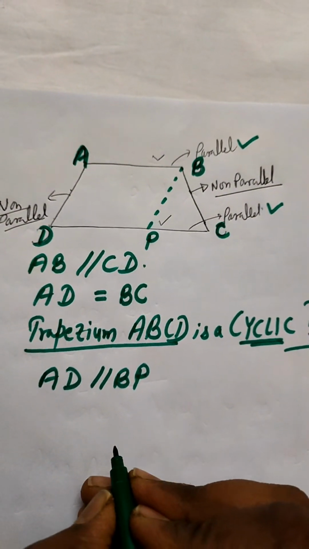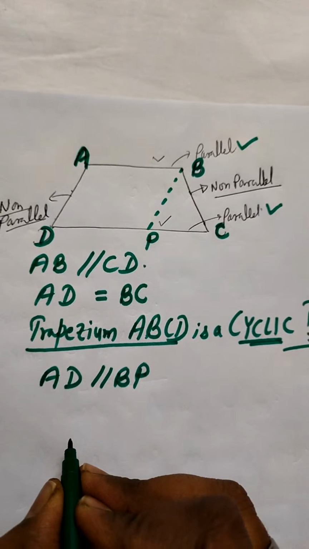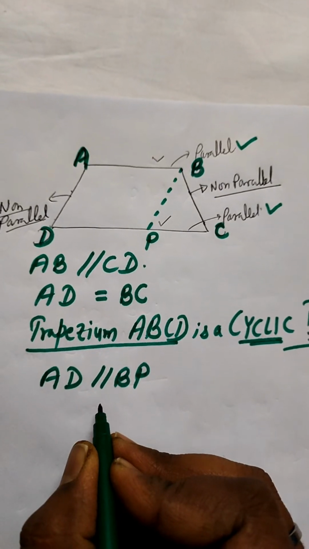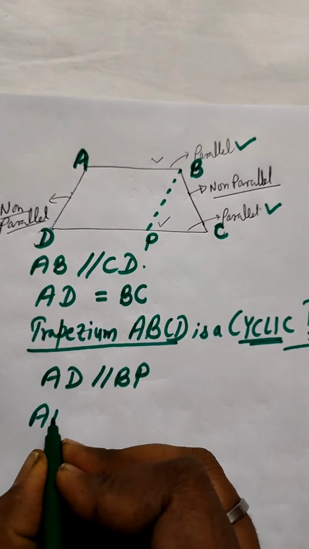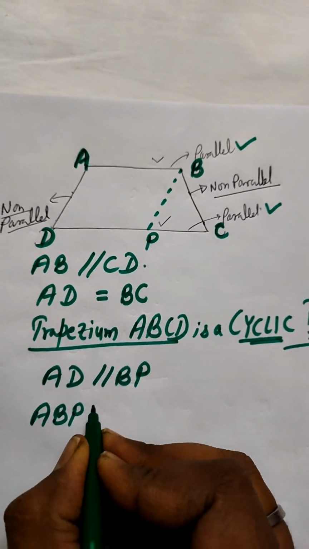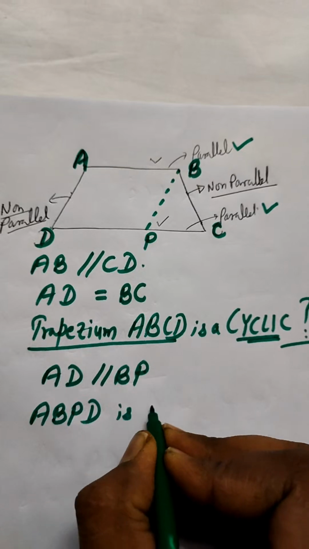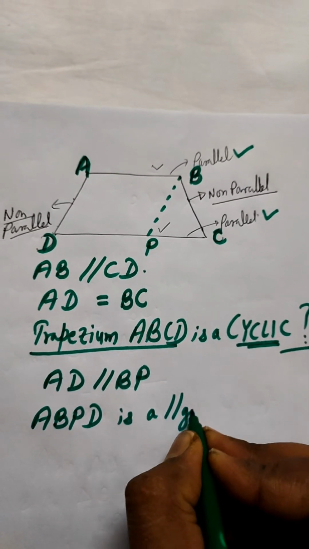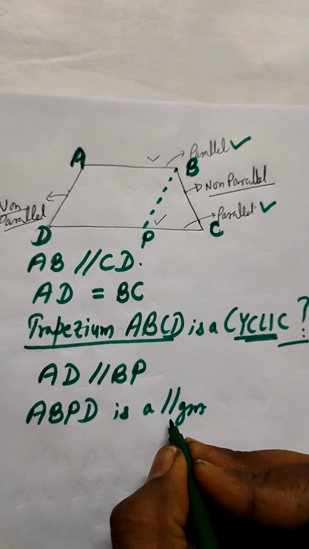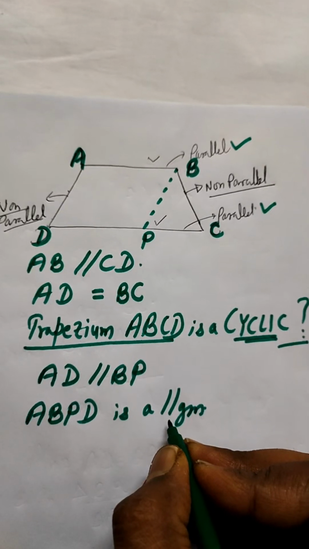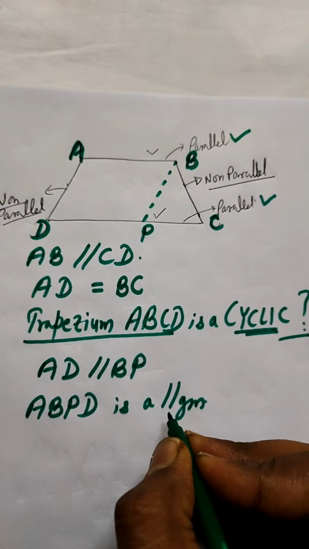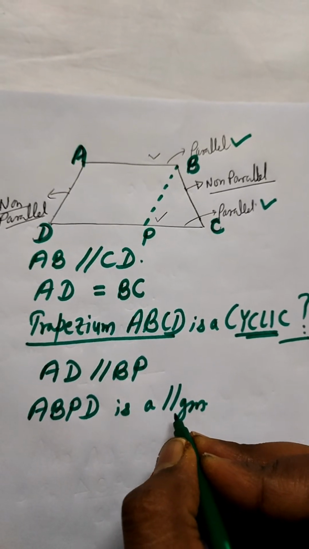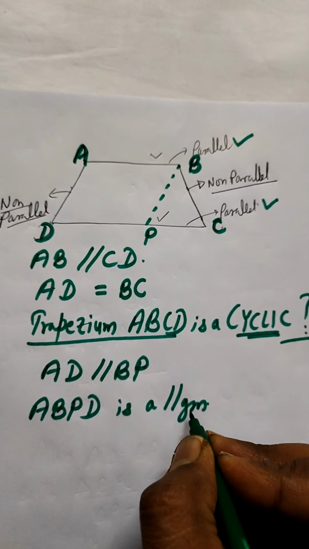So we can say that AB and CD are two parallel lines. So ABPD is a parallelogram. I am using the symbol like this, slanting lines. Students, I am assuming that you understand that this is the symbol of a parallelogram, right?